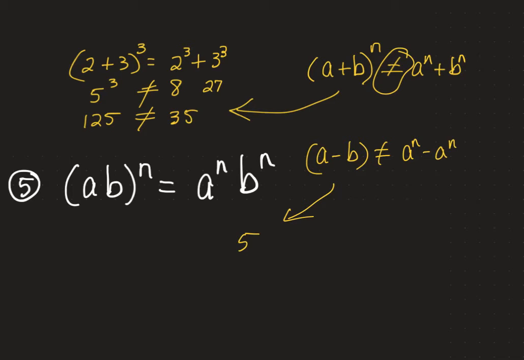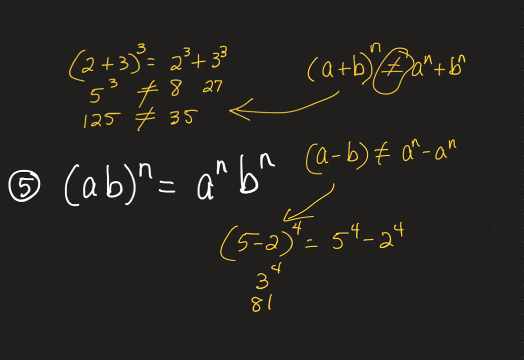Subtraction, say 5 minus 2 raised to the 4th power. Is that equal to 5 to the 4th minus 2 to the 4th? Well, 5 minus 2 is 3, and 3 to the 4th power is 81.